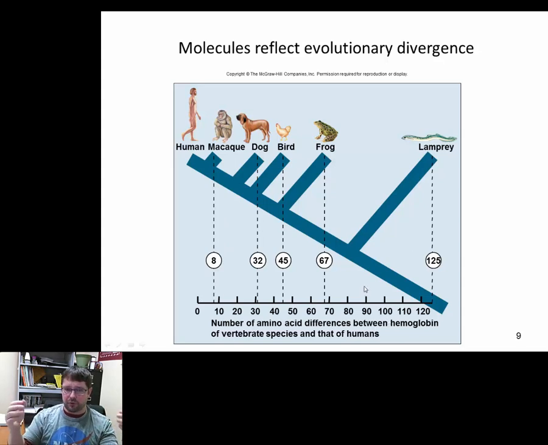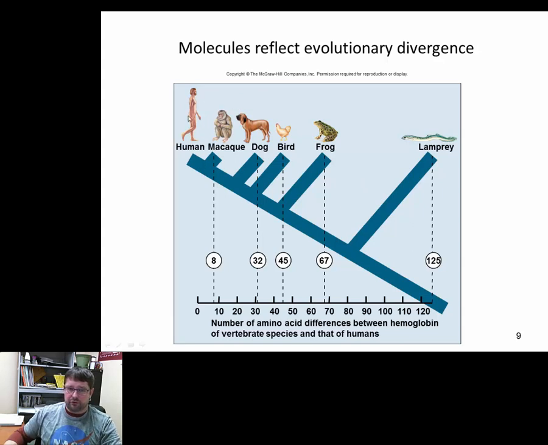And like I said before, most proteins are more than 300 to 1,000 amino acids long. So we're talking not very much of a difference between humans and monkeys, and there is no difference between humans and chimpanzees. But it really figures out pretty well.